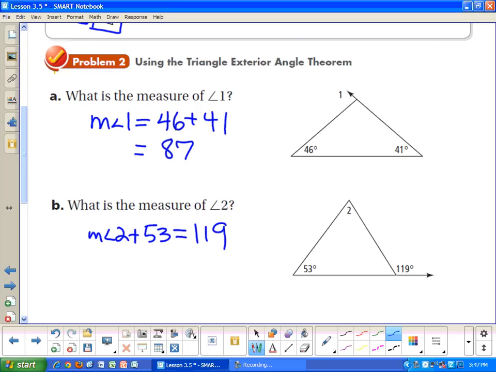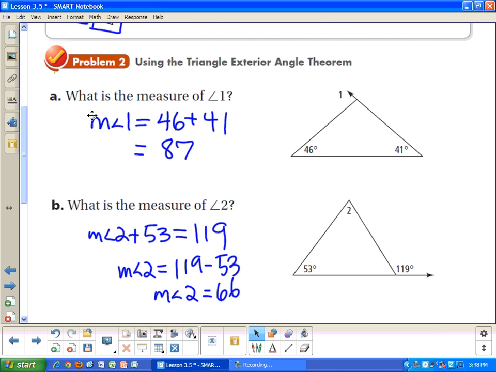And that's using the triangle exterior angle theorem. So we get the measure of angle 2 is equal to 119 minus 53 by subtracting 53 from both sides. And that equals 66.